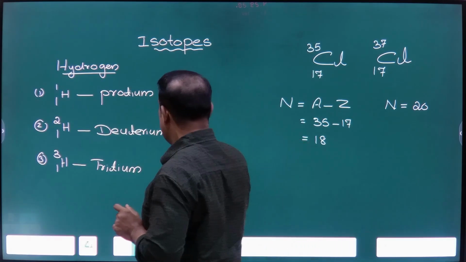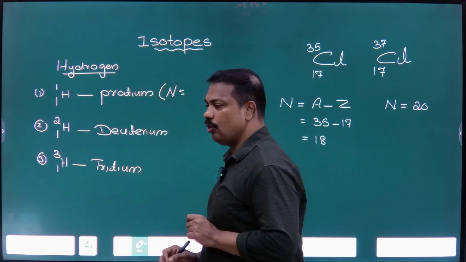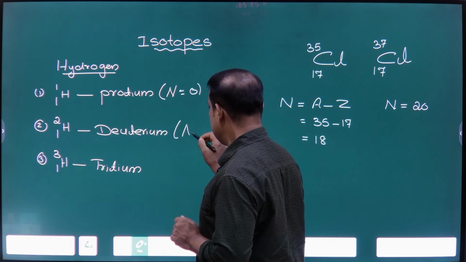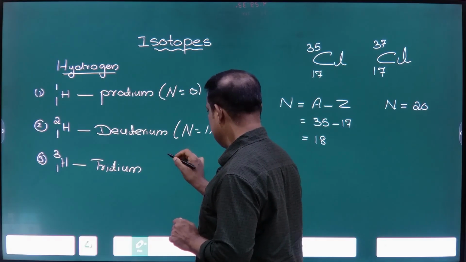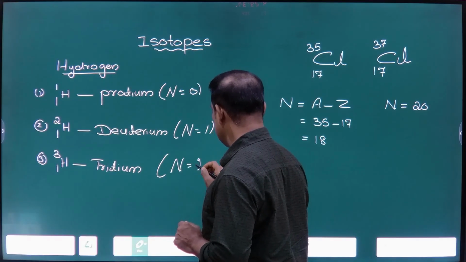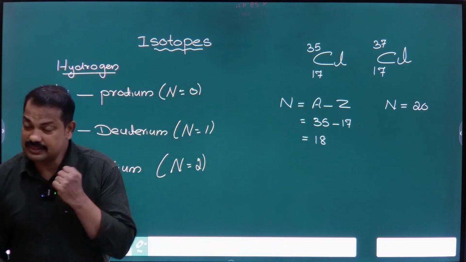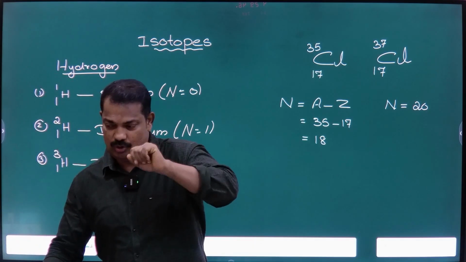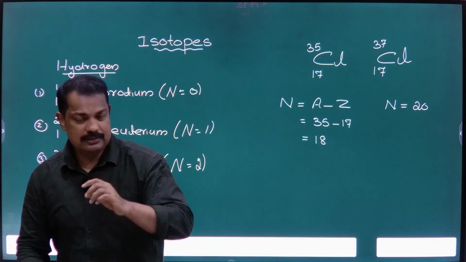In the first isotope of hydrogen, the number of neutrons is equal to 0. In the second isotope, the number of neutrons is equal to 1. In the third isotope, the number of neutrons is equal to 2. So the number of neutrons in the nucleus of these isotopes is not the same, it is different.